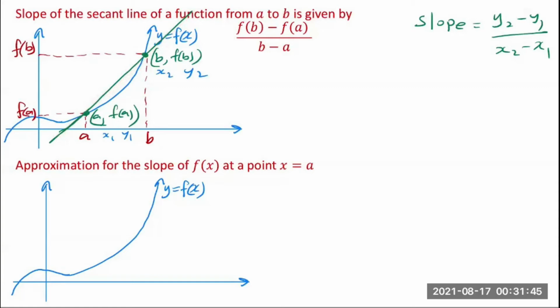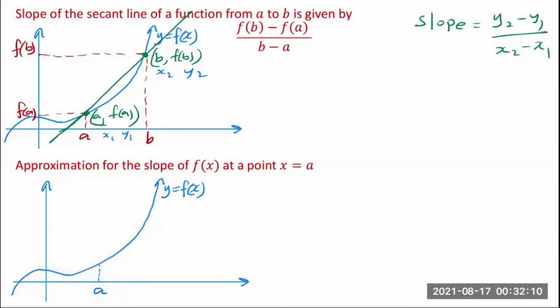Now we can use the slope of a secant line to approximate the slope of a function at x equals a. That's what we are going to do next. Approximation for the slope of f of x at a point x equals a. Let's say your point x equals a is here. Then I want to approximate the slope of my function f of x at x equals a.